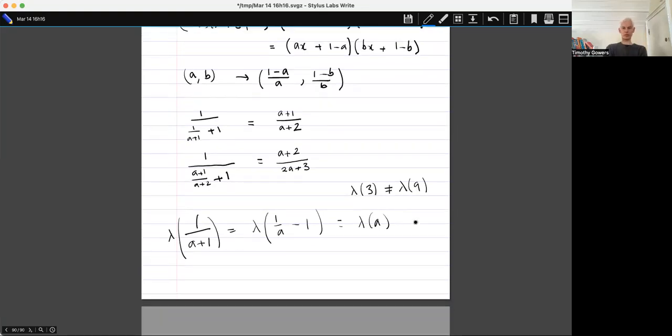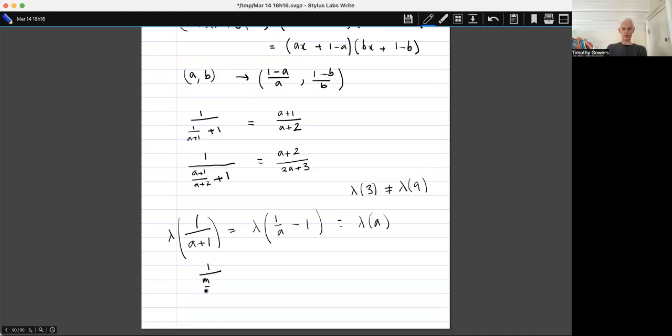I think it may help me to look at this if I just write a as a fraction. So what is 1 over m over n plus 1? It's n, ooh, this is looking promising, over m plus n. And what is 1 over a minus 1?